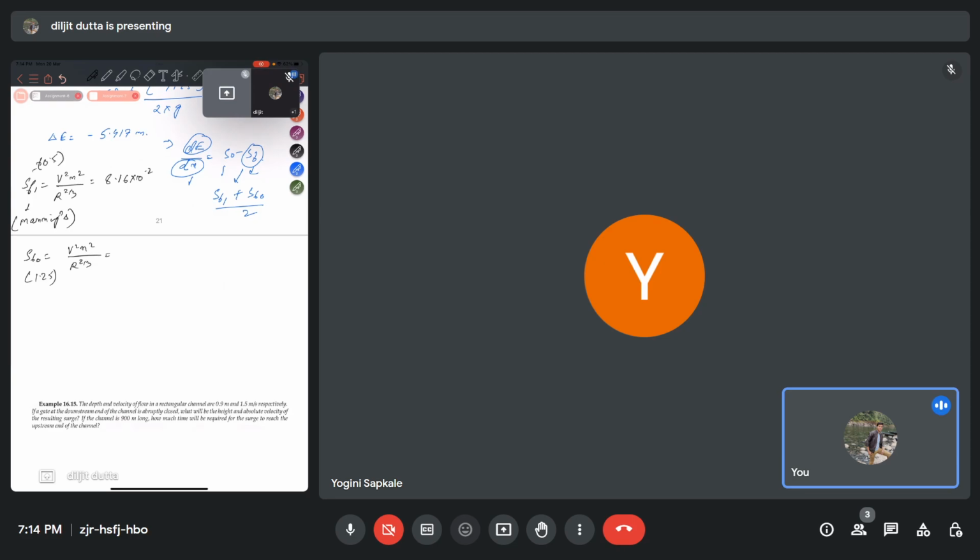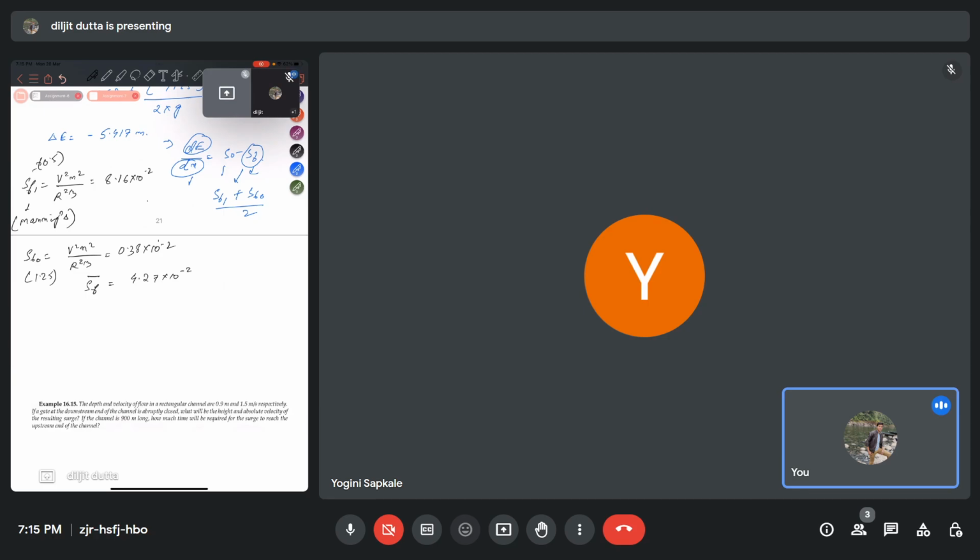This will come around 0.38 into 10 to the power of minus 2. So the average friction slope will be the average of these two values, and it will come around 4.27 into 10 to the power of minus 2.